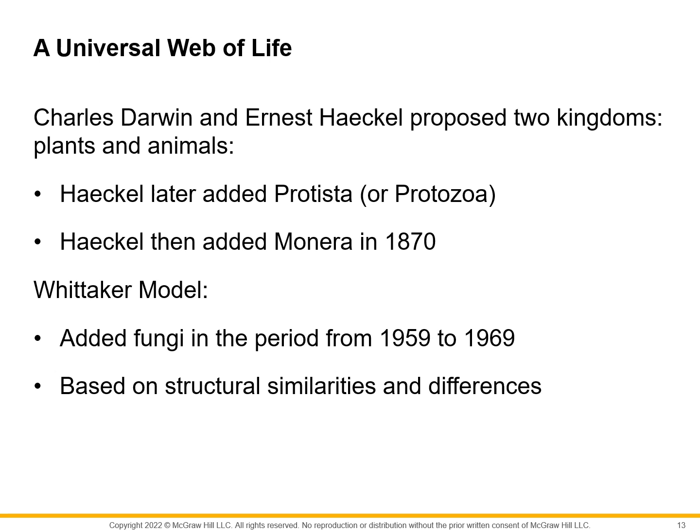All right, let's talk a little bit about the classification and the organization of organisms. All right. So it all started with Charles Darwin, who was very famous for his theories of evolution. But he basically said that all living organisms could be divided into two kingdoms.